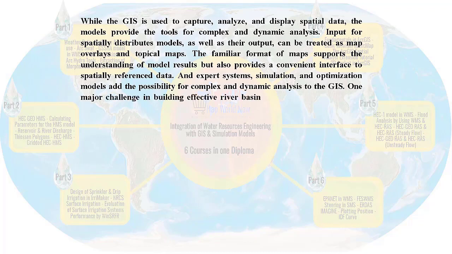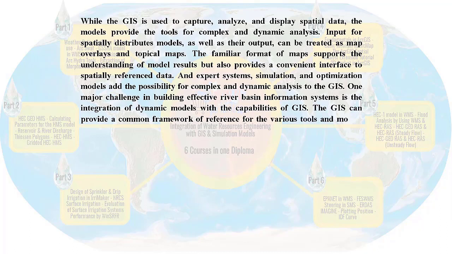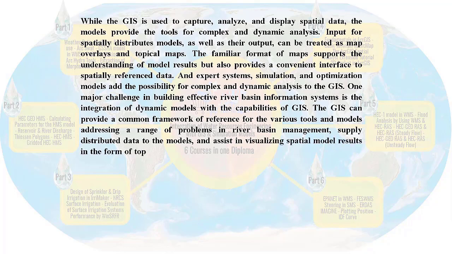One major challenge in building effective river basin information systems is the integration of dynamic models with the capabilities of GIS. The GIS can provide a common framework of reference for the various tools and models addressing a range of problems in river basin management, supply distributed data to the models, and assist in visualizing spatial model results in the form of topical maps.